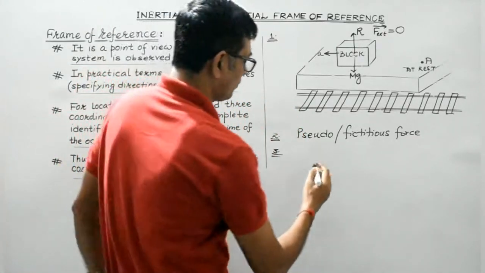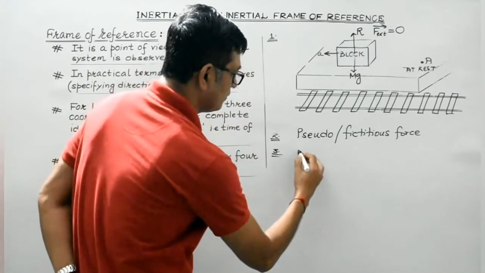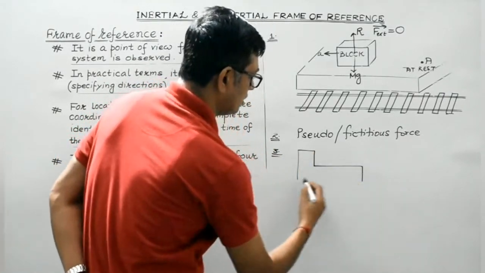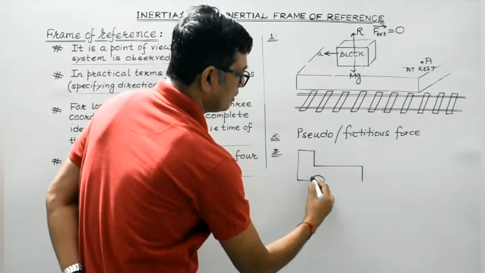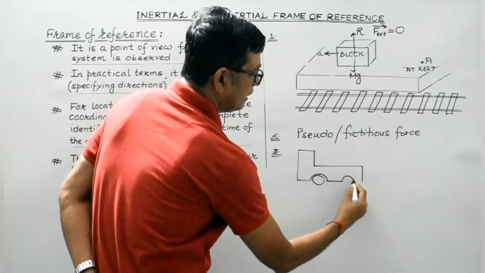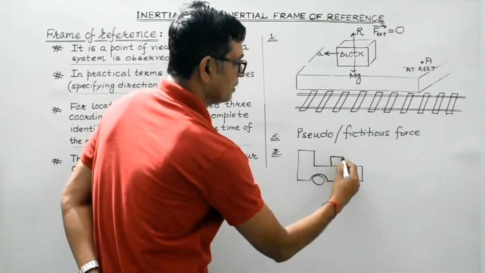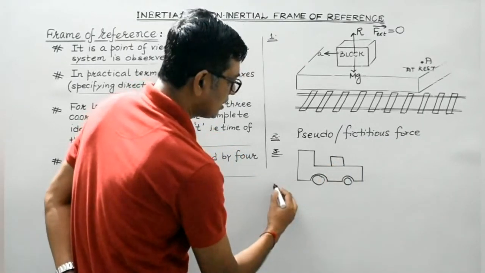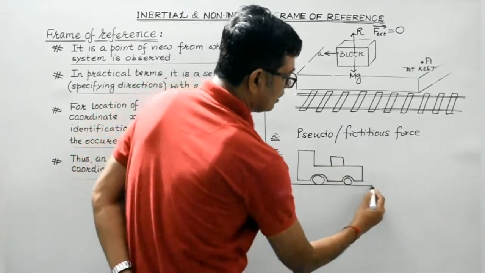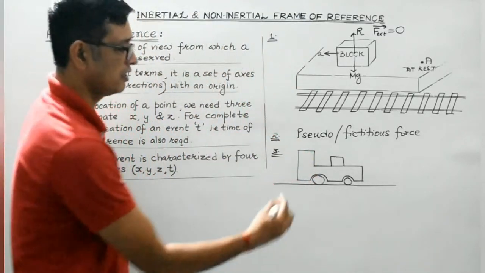Let us assume this to be a truck and a block is placed at its back like this. Suppose a block is placed and we are considering the ideal conditions. This is the truck.